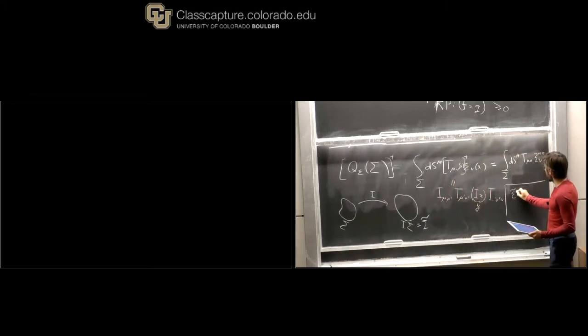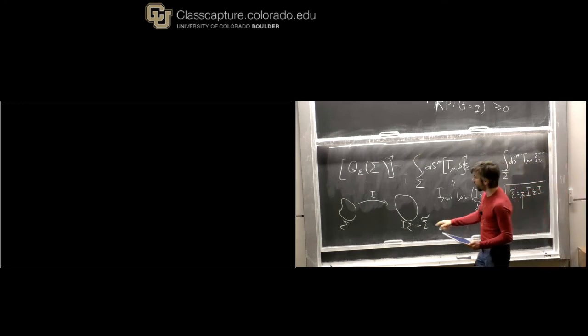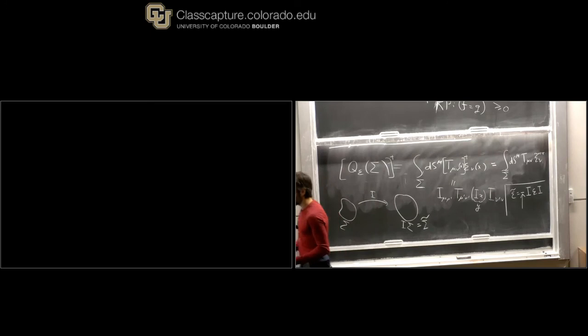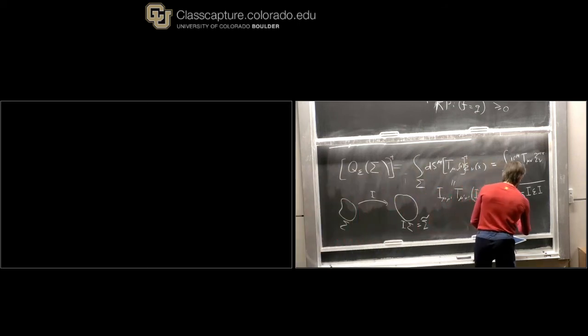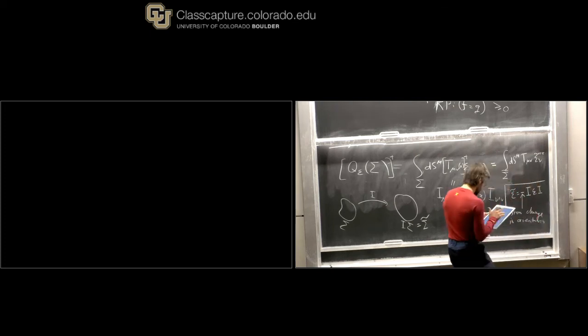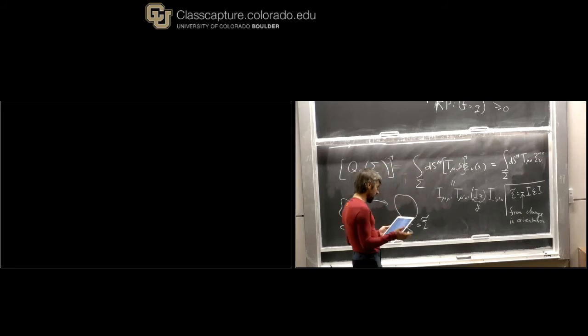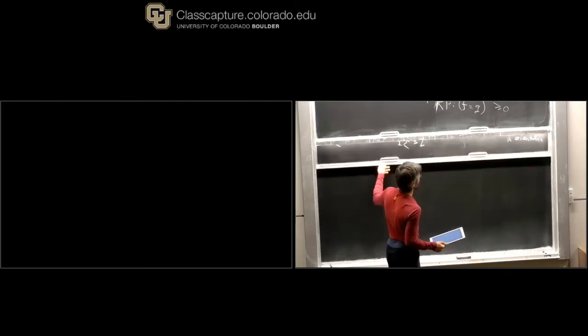Epsilon tilde is equal to minus I epsilon I. And this minus comes from the fact that when I do the inversion, it changes the orientation of the surface, so I have to correct for that. And so this relation is all I need to work out the Hermiticity properties of my generators.